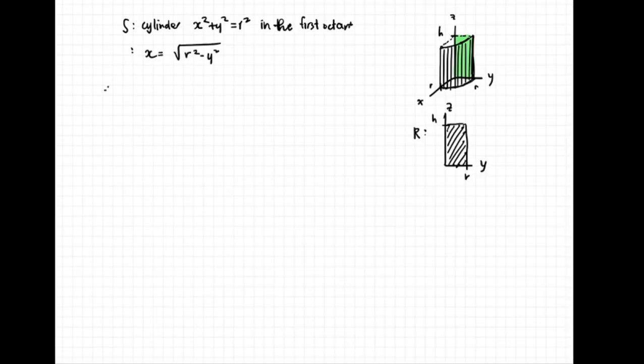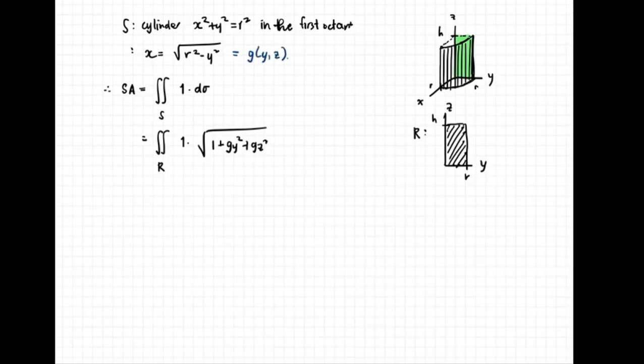And so the surface area, equal now to the surface integral over S of 1 times d sigma, can be written now as a double integral over the region R on the YZ plane of 1 multiplied by the square root of 1 plus g sub y squared plus g sub z squared, where here the square root of r squared minus y squared in fact serves as g of yz.